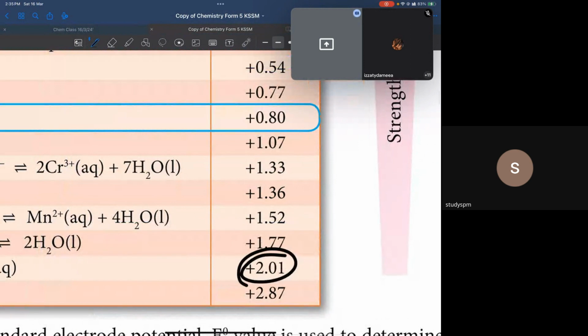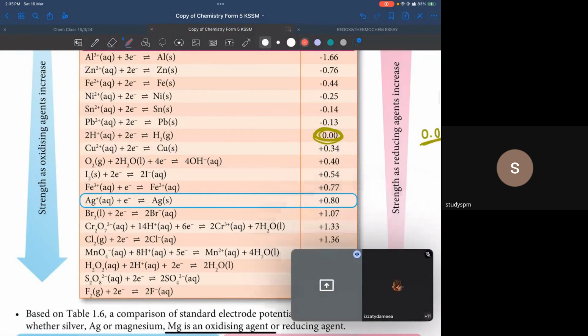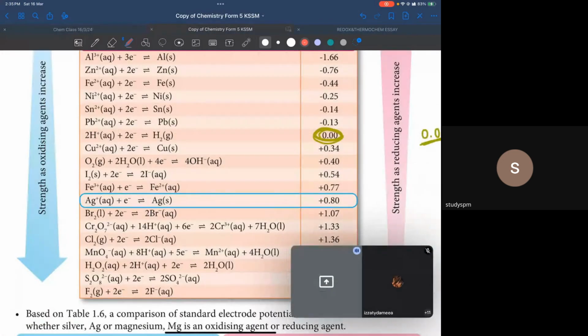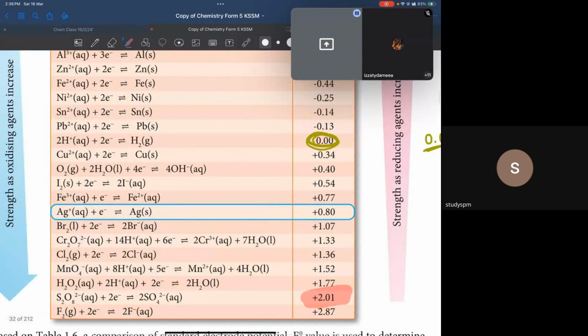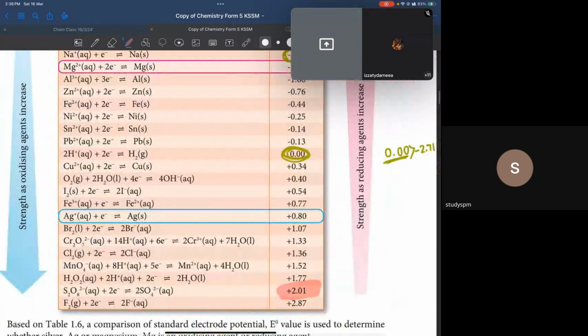Okay, let's try to compare. Positive 2.01 and tadi apa? Hydroxide kan. This one and hydroxide sini kan. And not LPO kan.